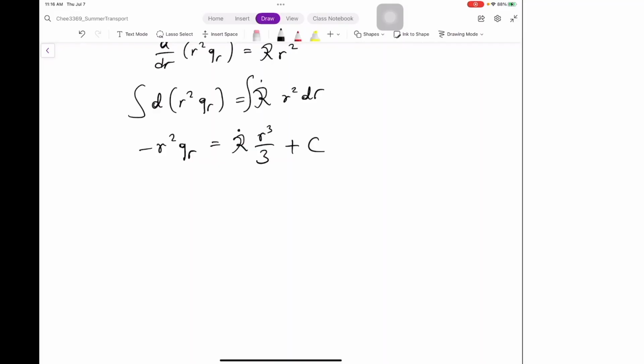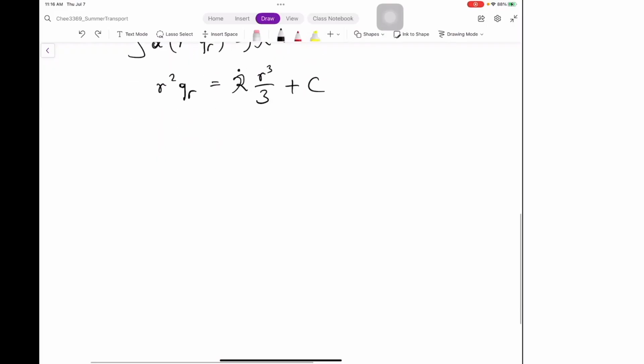You basically have one constant here, one constant here, but if you subtract the two, you get another constant. So let's call it just C, okay, to make it simple.